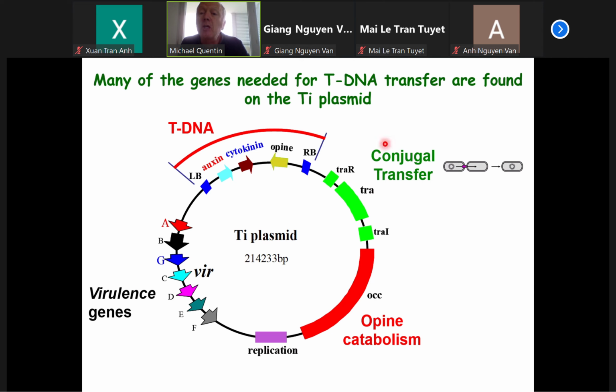This is what we call conjugal transfer, and it's a very, very well-known process which allows exchange of DNA between bacteria. Agrobacterium tumefaciens is such a bacteria which is able to transfer its Ti plasmid to other Agrobacterium tumefaciens bacteria.